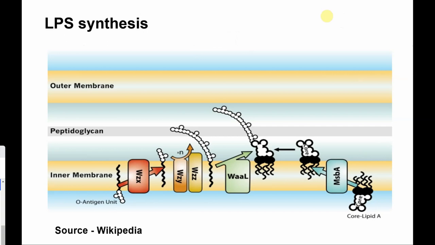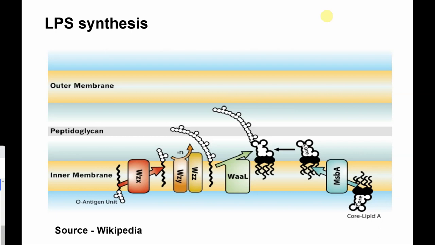Now, quickly for the synthesis of LPS, it's the same kind of problem as the synthesis of peptidoglycan. The bacteria have to produce a complicated polymer that's on the outside of the cell. It's the same problem, and basically bacteria are going to use the same solution. So the core oligosaccharide and the O antigen repeats are synthesized separately.